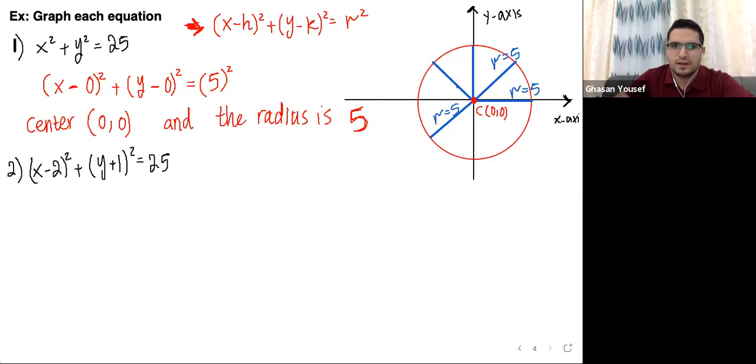What's the center and what is the radius for number 2? Some students said the center is 2 and 1. Some of them said 2 and minus 1. The radius is 5.